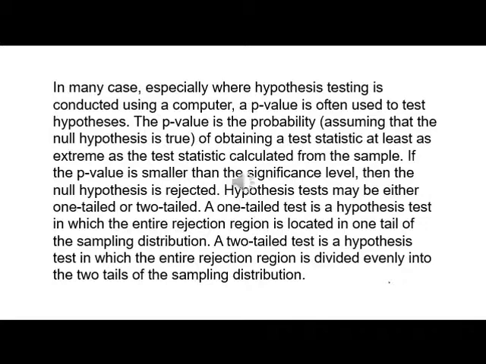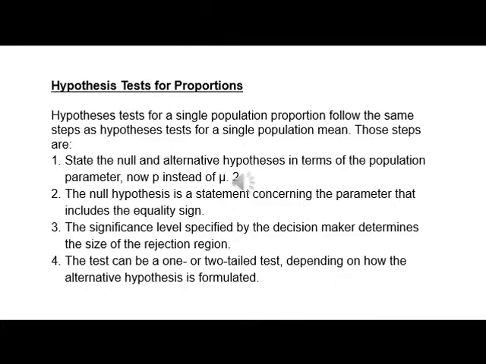Hypothesis tests for proportions. Hypotheses tests for a single population proportion follow the same steps as hypotheses tests for a single population mean. Those steps are: 1. State the null and alternative hypotheses in terms of the population parameter, now p instead of mu. 2.